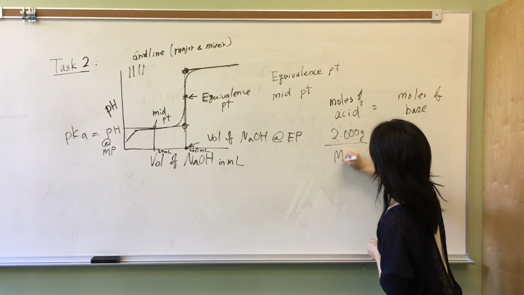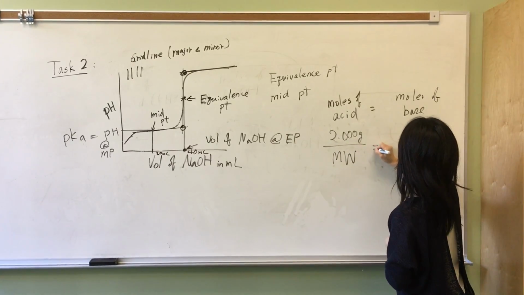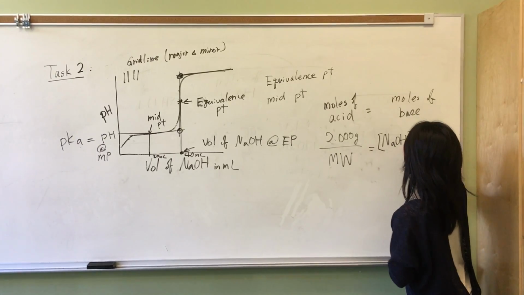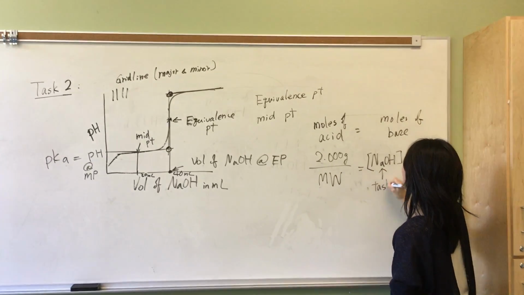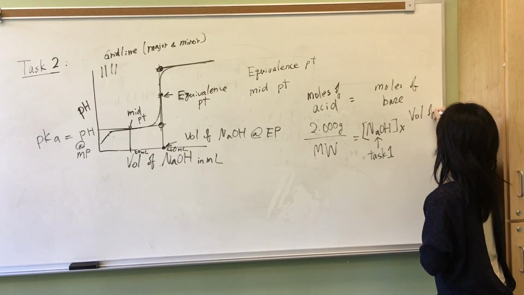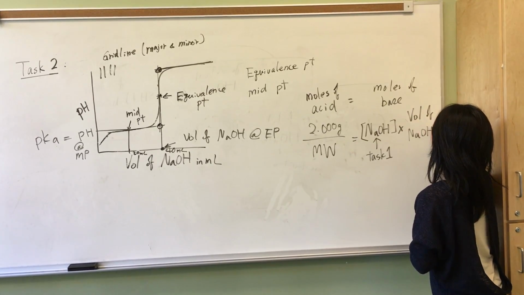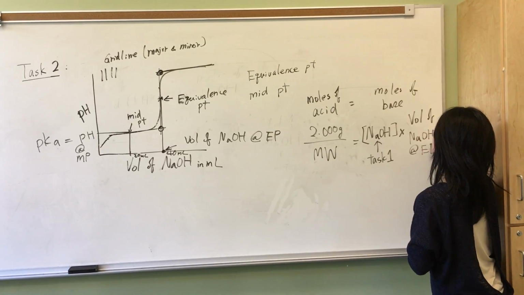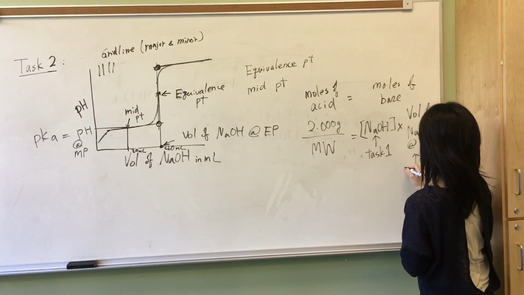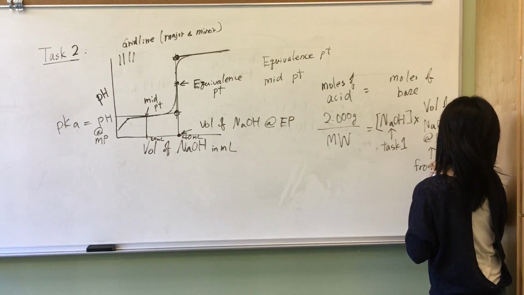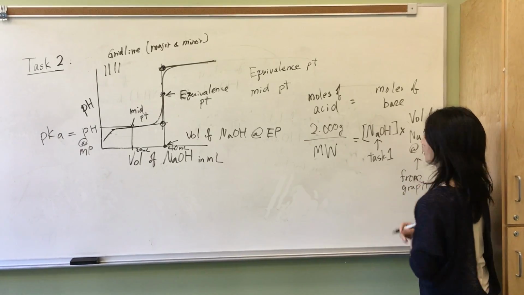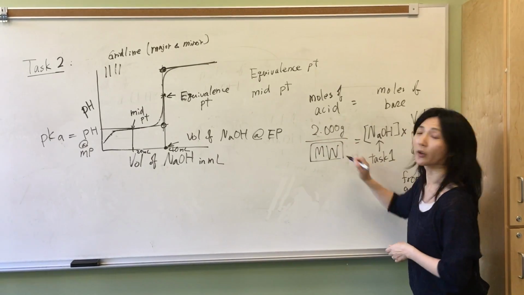And that divided by molecular weight equals the sodium hydroxide concentration from Task 1 you just calculated, times the volume of sodium hydroxide at equivalence point. That's from your graph here. Okay? So now you can solve for molecular weight.